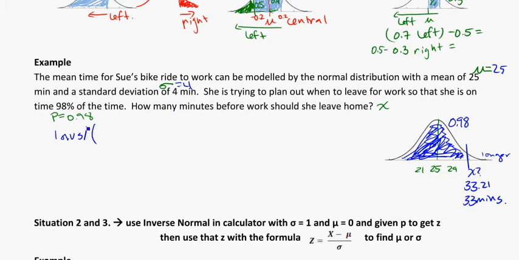So in this case, for inverse normal, we used left. We used 0.98 for the area, or the probability, because we're looking for that area under the curve as the probability. And my standard deviation was 4, and my mean was 25, and we got 33 minutes as the x, and that's the time that she needs to leave before work to ensure that 98% of the time she's on time.